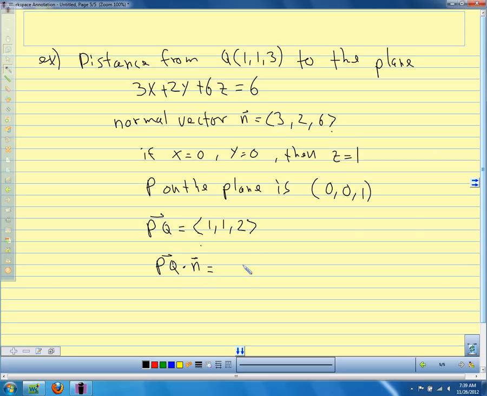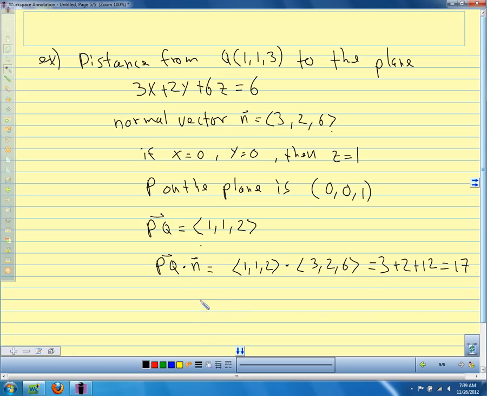PQ dot n is the vector 1, 1, 2 dotted with 3, 2, 6, and our dot product comes out to be, what do we get? 3 plus 2 plus 12, so we get 17.